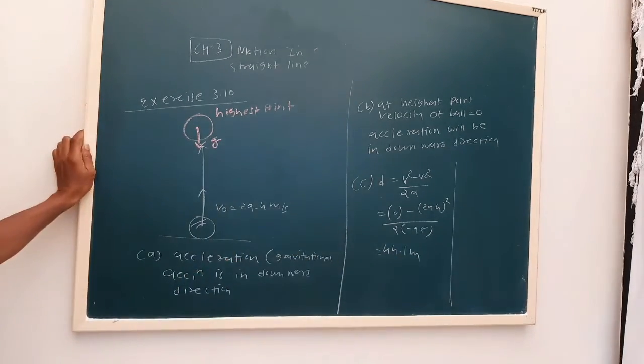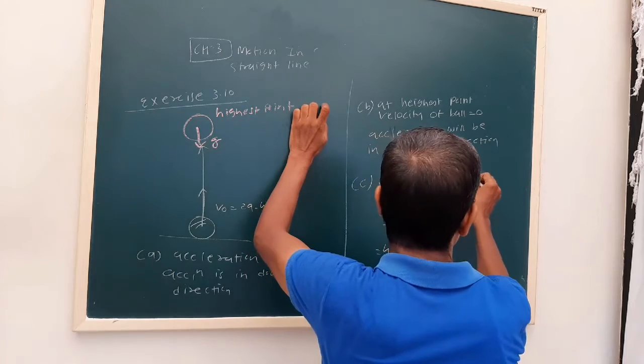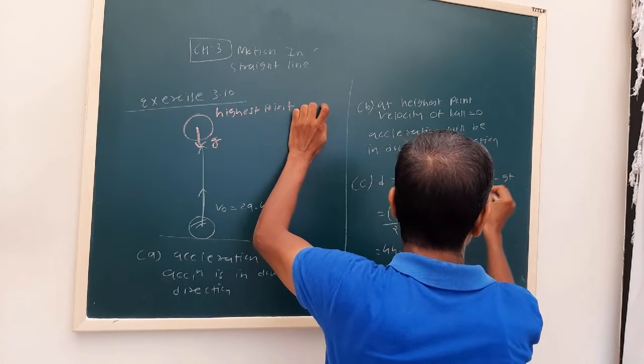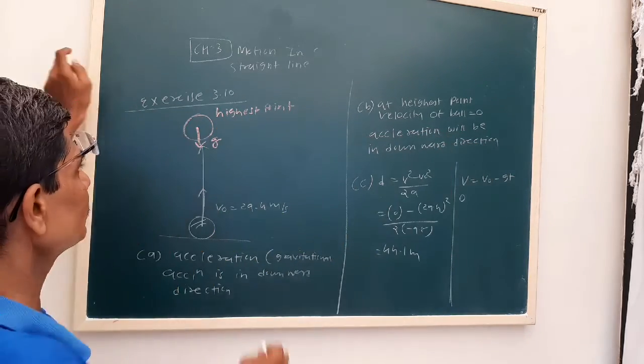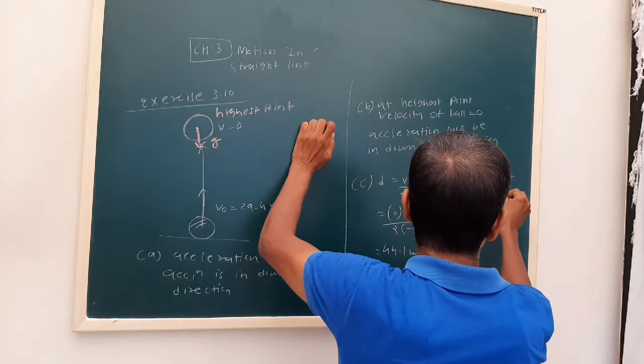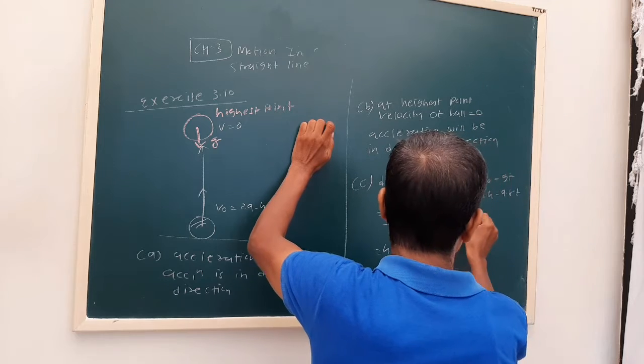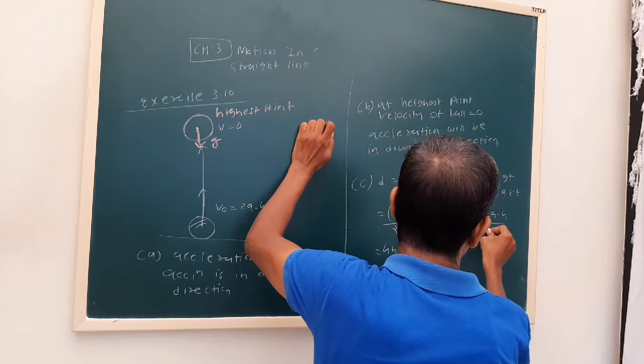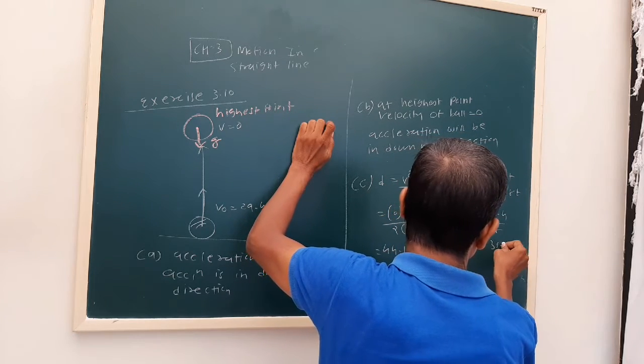Now we have to find out in how much time it will return. So we use the equation v is equal to v0 minus gt. At the highest point velocity is 0. v0 is 29.4, so t is 29.4 upon 9.8.